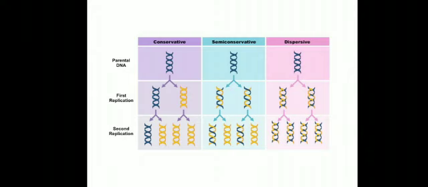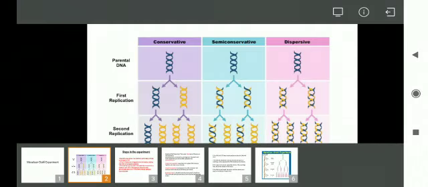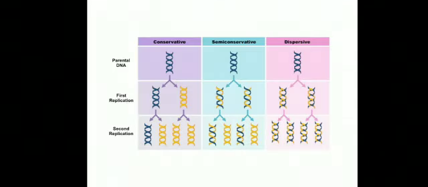Another is semi-conservative replication, where the two strands of the DNA separate and each of those strands then serves as a template for the synthesis of the new DNA strand.